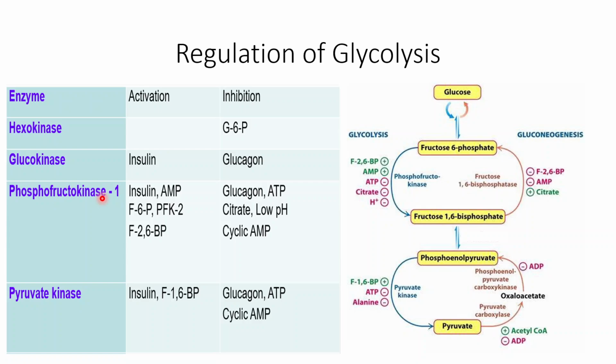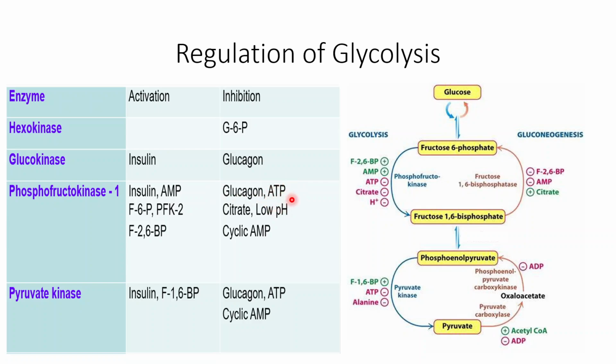Now let us look at glucagon. Glucagon causes inhibition of phosphofructokinase 1 by a mechanism which is just the opposite of insulin. So this causes phosphorylation and inhibition of phosphofructokinase 1.